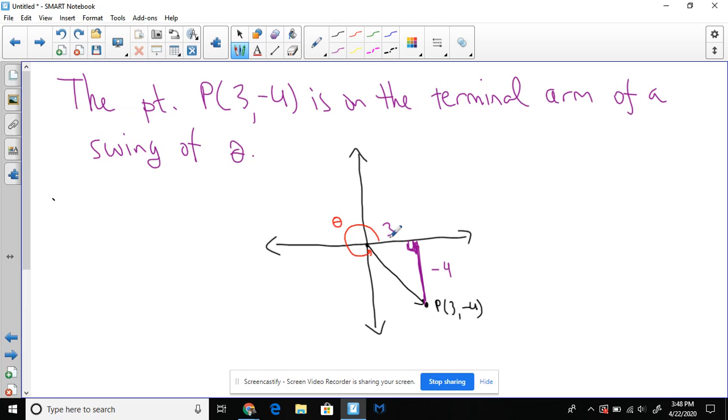So for me to figure out theta, I don't really need to find the radius here. I know this is my related acute. So I know that from this angle, this is my opposite side, this is my adjacent. So I can use the tan ratio.